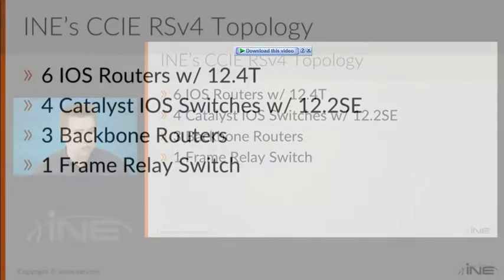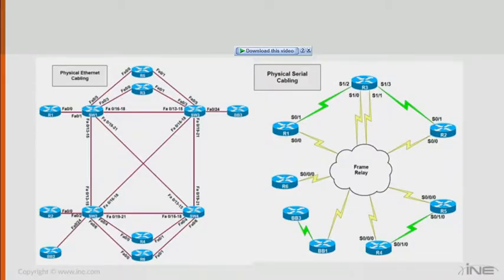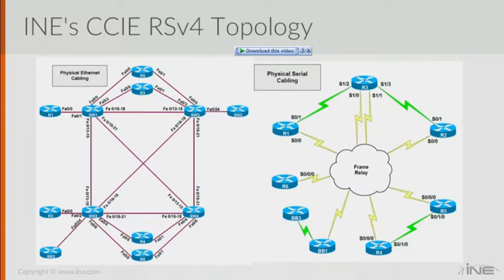The big limitation with this topology, and this is ultimately why the CCIE program changed the topology, is that you're very limited as to the type of logical networks that you can build when you're depending on one specific set of wiring. So if you have 6 routers, it's going to be very difficult to build a large MPLS core that you're trying to route IP over.